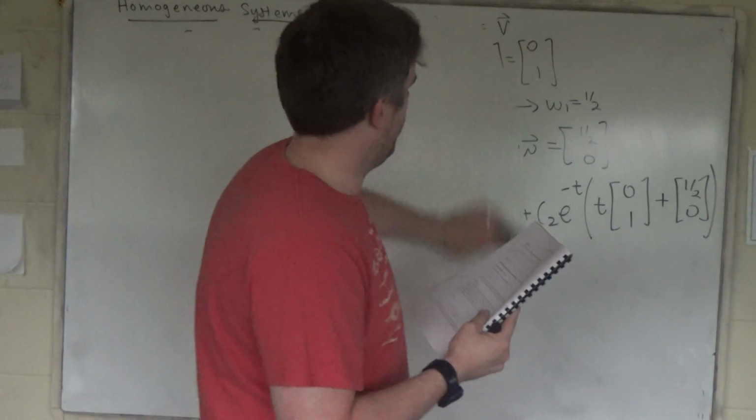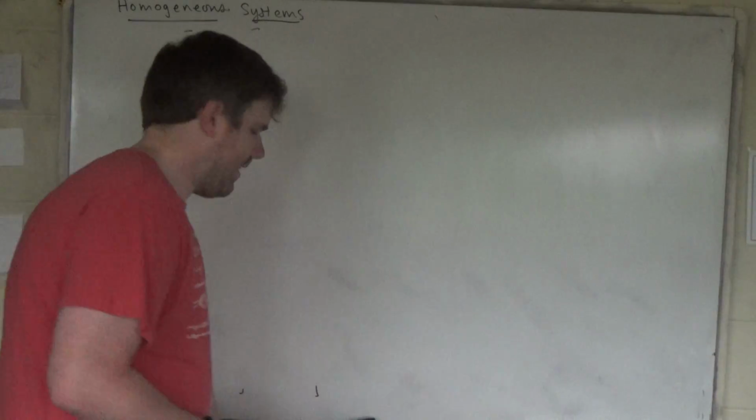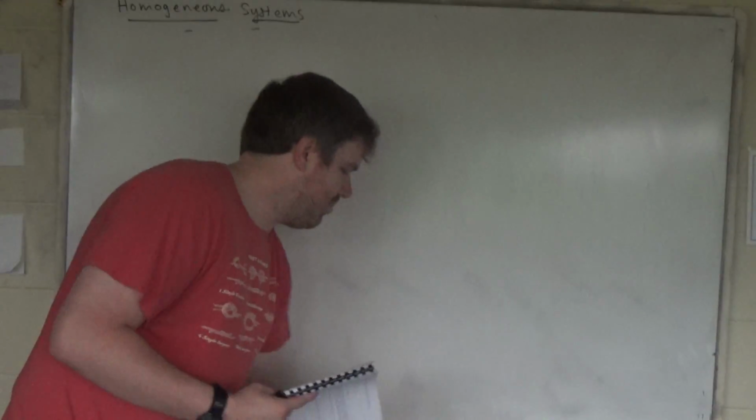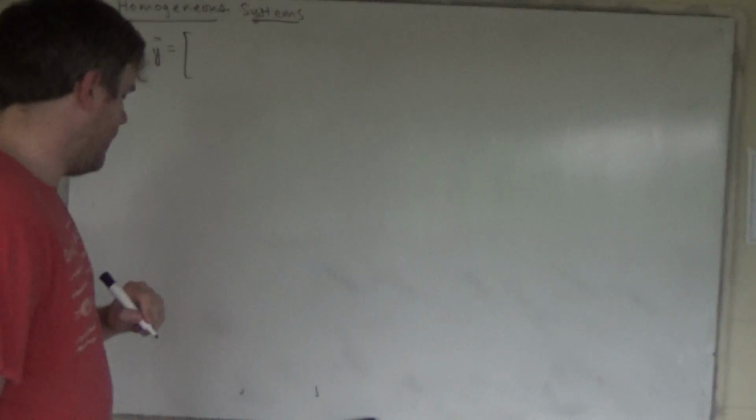Okay, so number 3 is somewhat different, yet somewhat the same as well. I've worked these out in advance so that I don't make too many mistakes on the board. So we have dy equals the matrix 2, 1, negative 1, 2 applied to y.